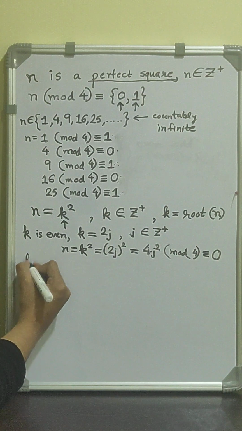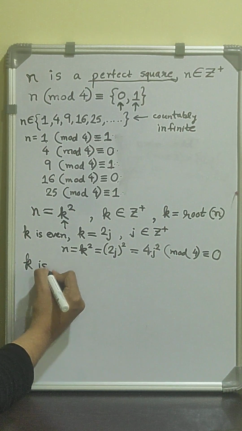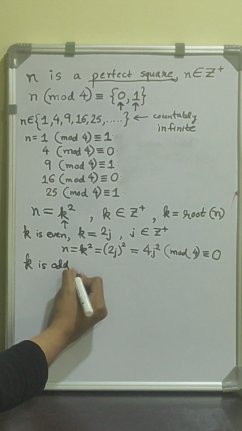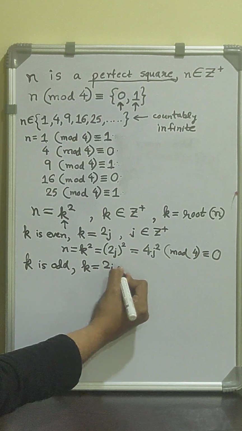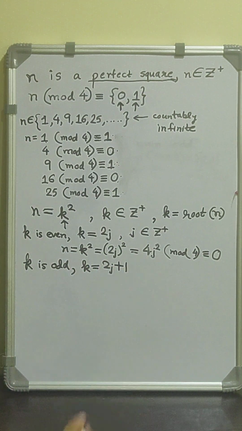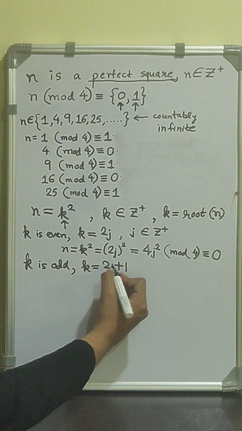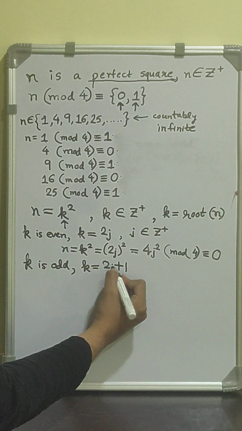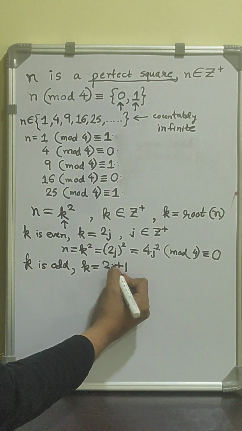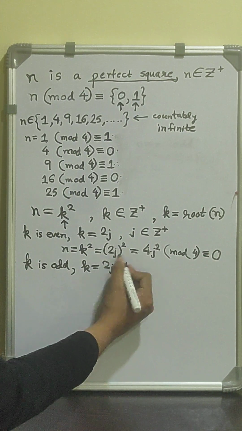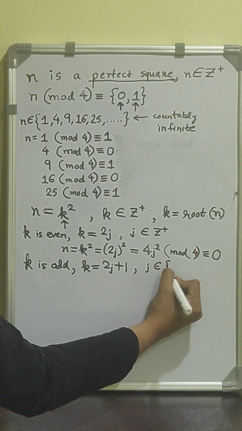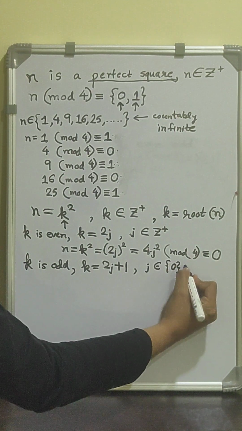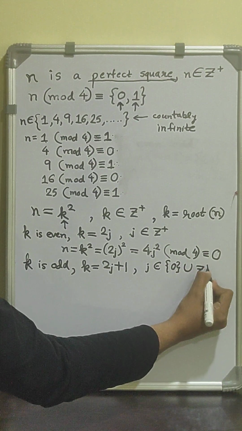So the other case, obviously, we will have to consider is if k is odd, then k can be represented as a number such as 2j plus 1. But the problem here is I have taken twice j plus 1. When I define it in this way, I will have to write this as a union.